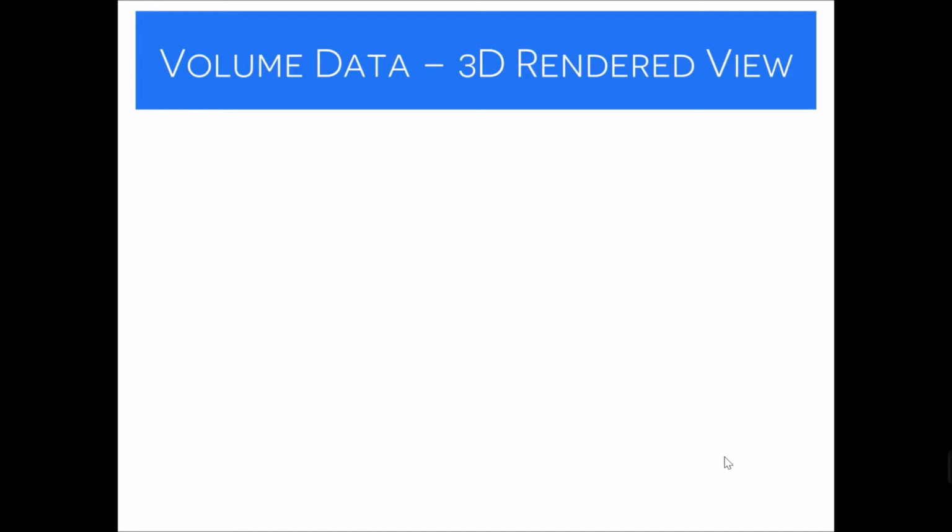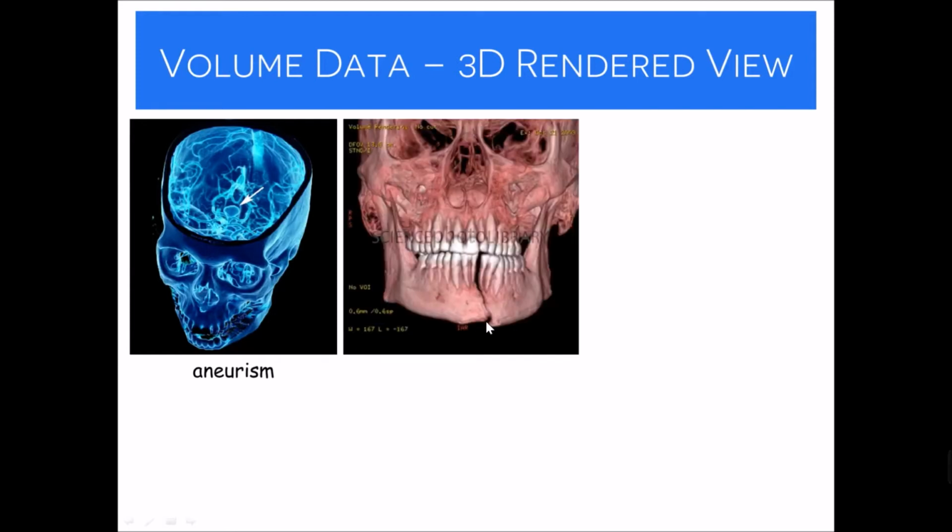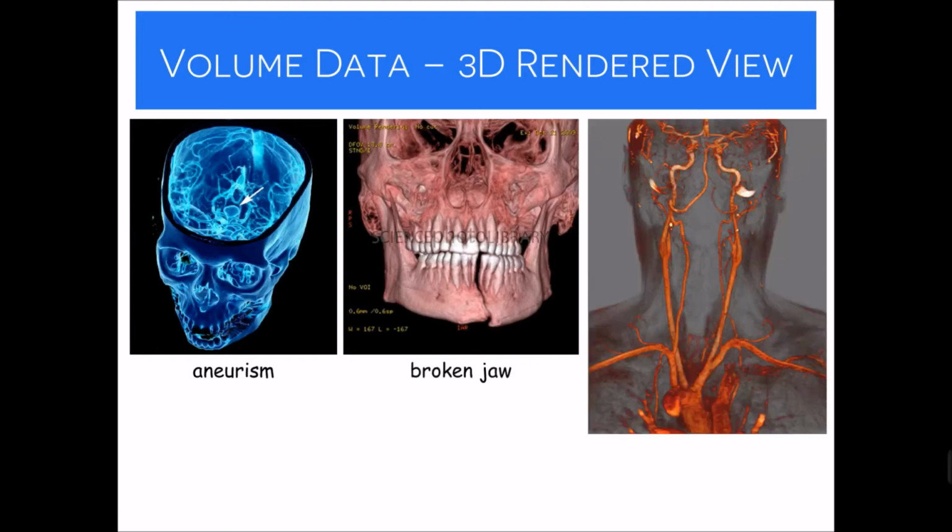So the way we do this is we try to see an aneurysm, which is right here. Maybe you see a skull fracture, someone got beaten up in a bar or something like this, a broken jaw. Then here you can see carotid arteries, also volume rendered again.